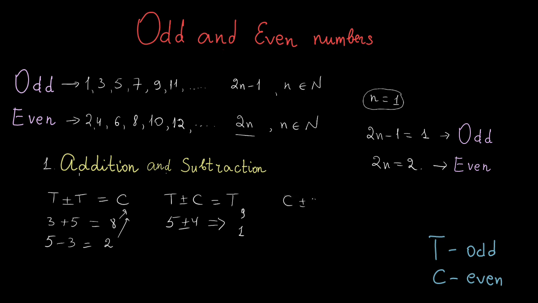For instance, if we add or subtract 4 and 2, we will get 6 and 2, both of which are even numbers. Thus, the sum of two even numbers is always even, the sum of odd and even numbers is odd, and the sum of two odd numbers is even.